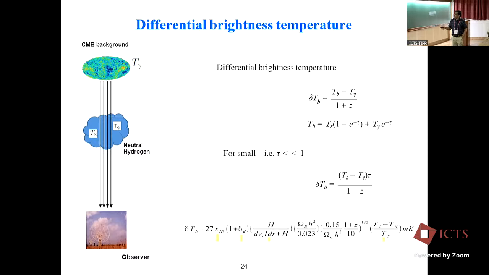Now if I assume tau is much less than 1, one can show that this equation becomes this: delta TB is T spin minus T gamma multiplied by tau over 1 plus z, right?